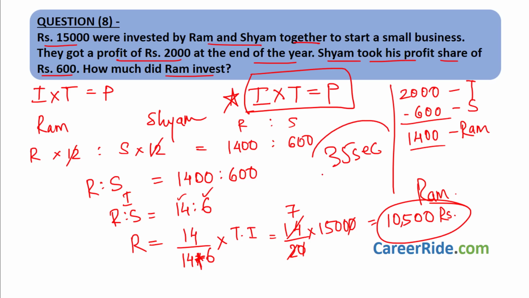You won't believe, but once you start practicing, once you become master of this topic, you'll be able to solve questions within 35 seconds. Right now, even if you are not master, even if you practice a little bit, it will take you a maximum of 1 minute to solve the sums using such a simple formula. Just apply this formula everywhere, you will get the answer.